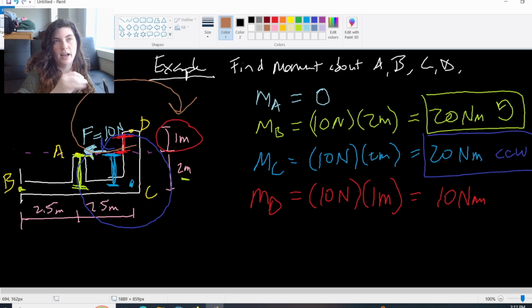I get a clockwise. Sorry, I'm mirrored. I'm having a little trouble demonstrating, but if you curl, you'll get a C shape with your fist. Your fist should be pointing down into the page, and you get a C shape around point D. So this would be clockwise.